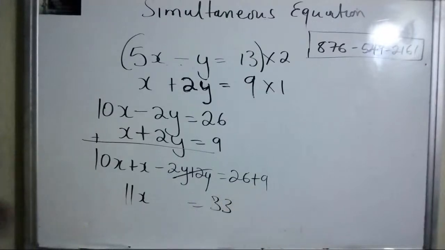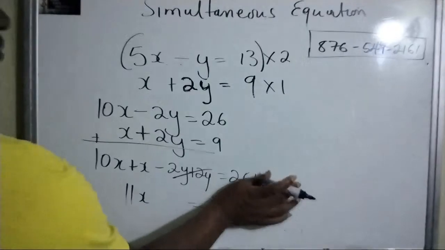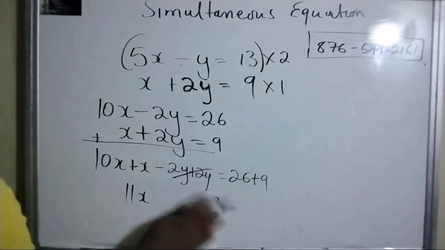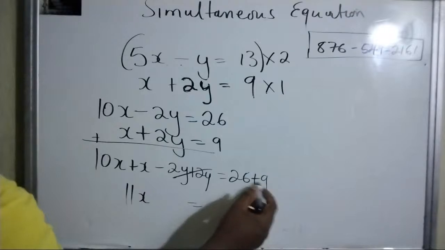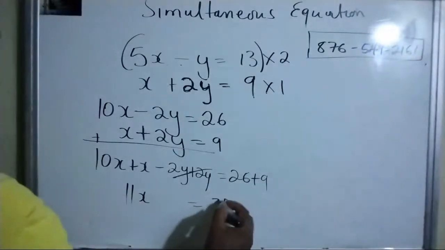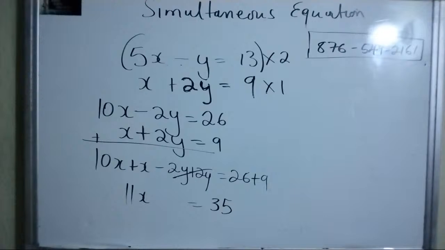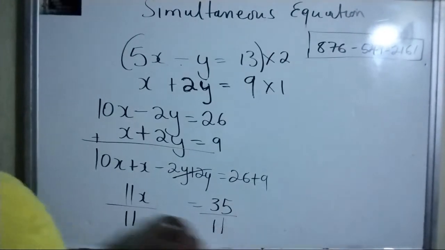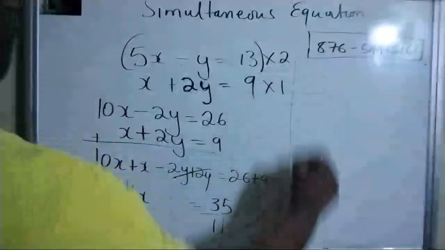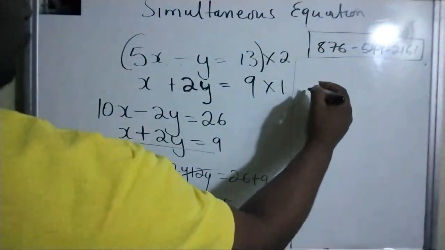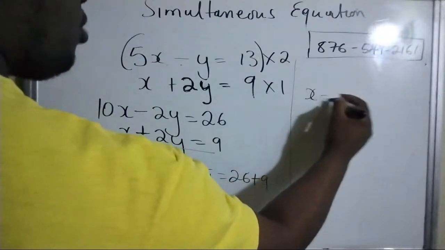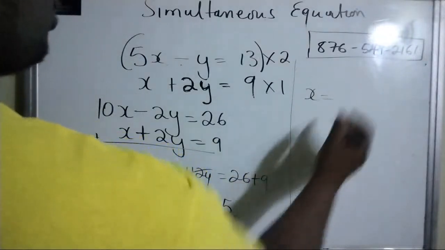26 plus 9 is 35. Right? And then we divide by 11. So x equals 35 over 11, that's 3 point something.